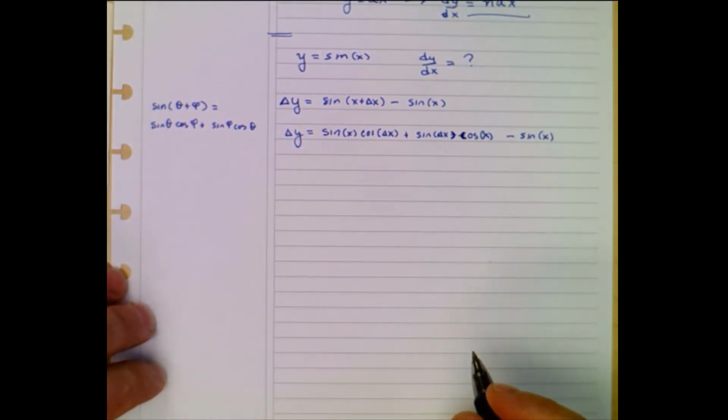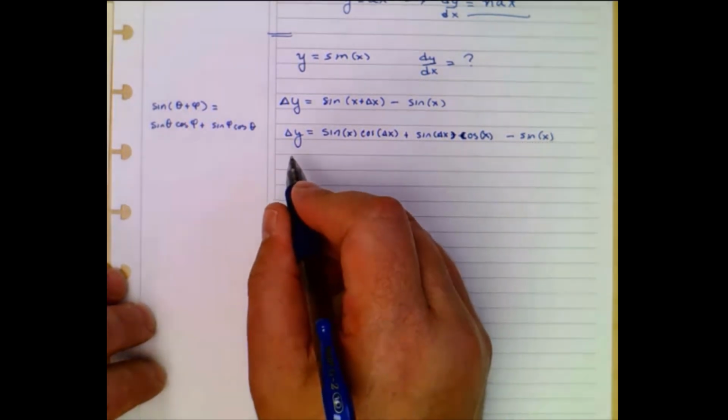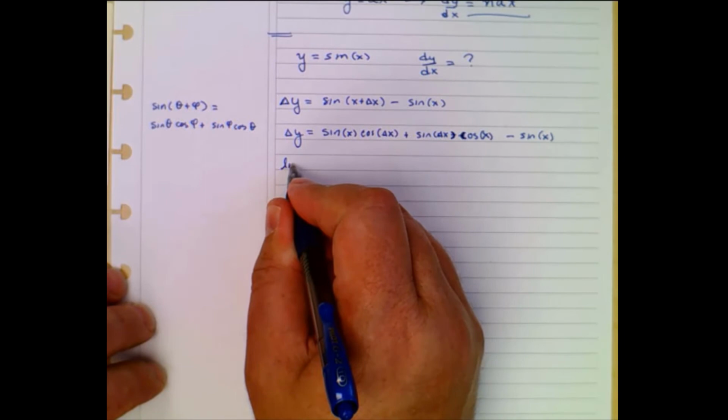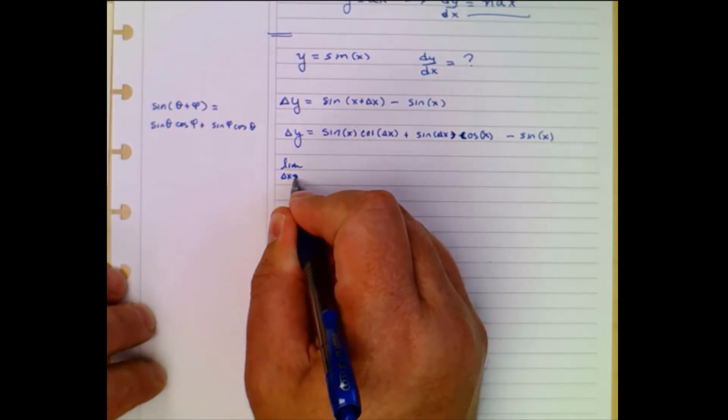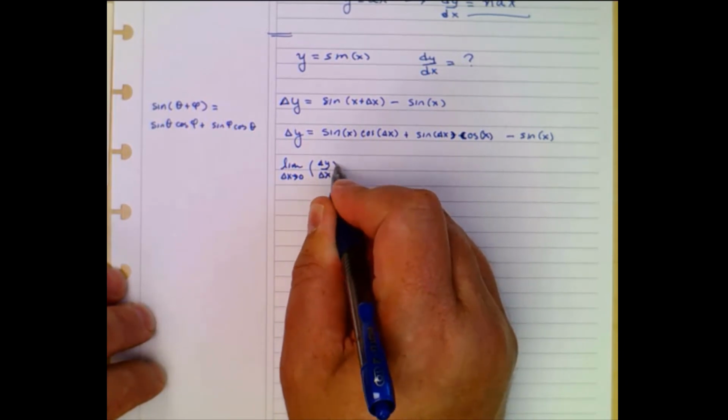All right. So now we're going to be taking the limit as delta x goes to 0 of delta y over delta x.